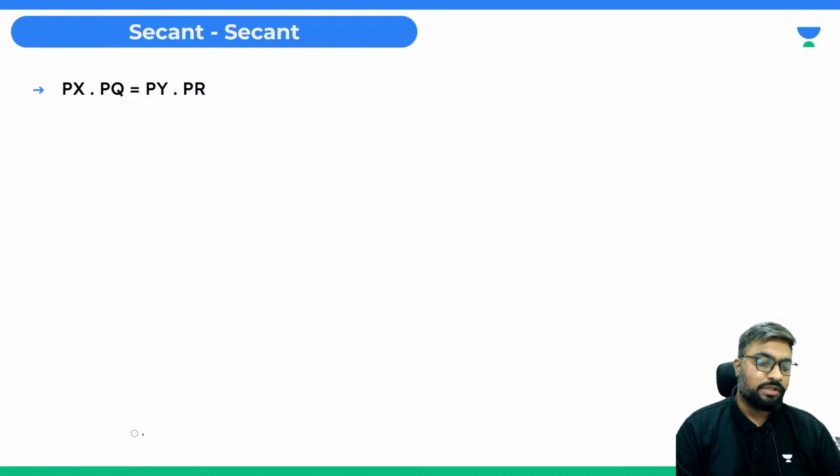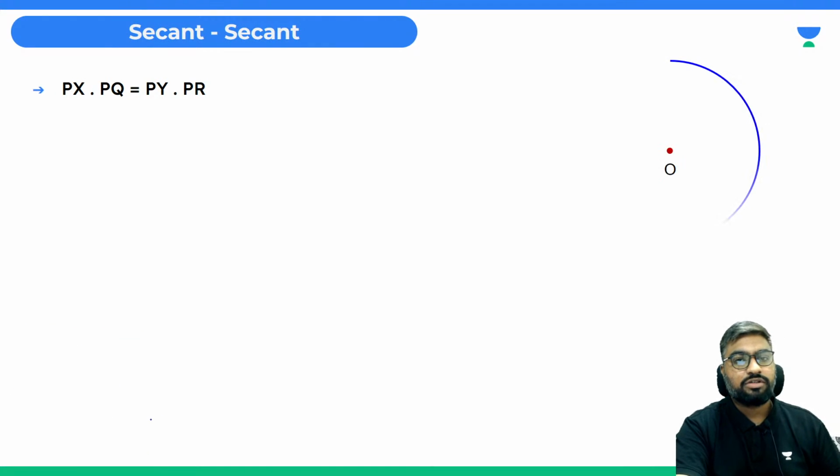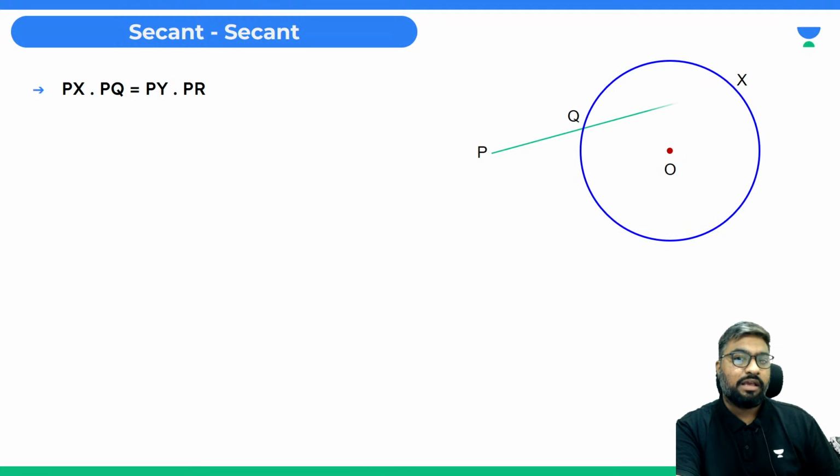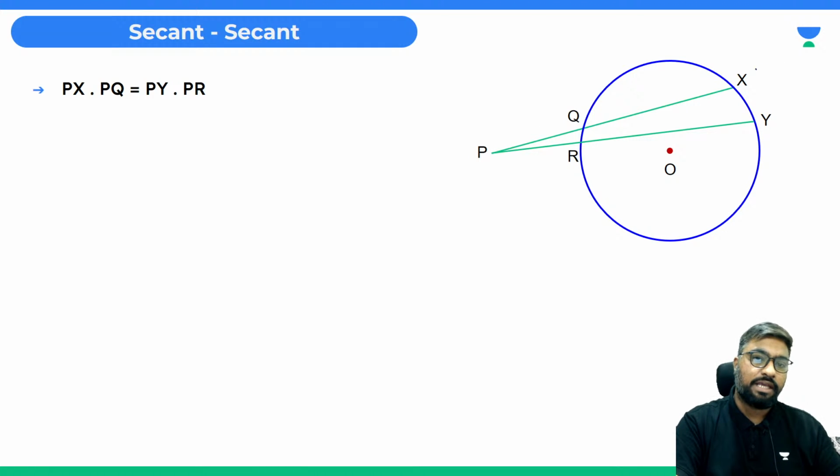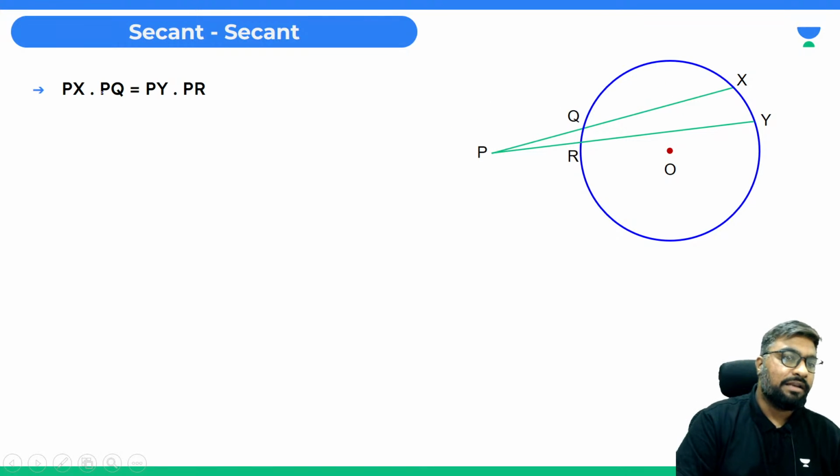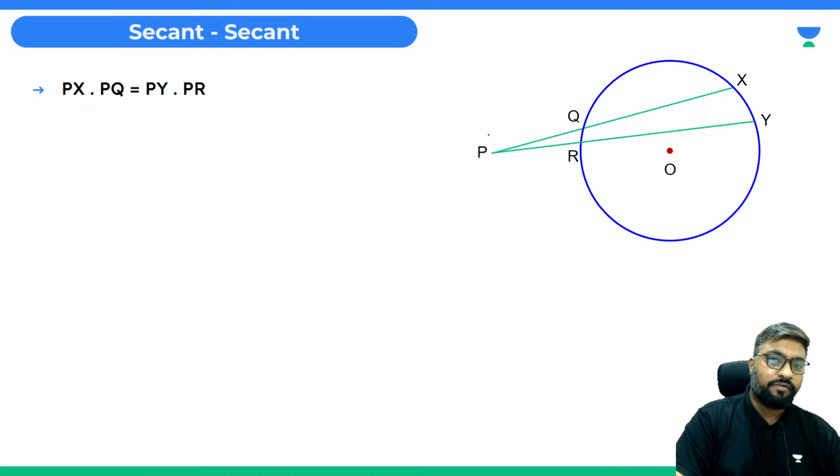Secant property. So there's a circle. If I draw two secants from the same point P, PQX and PRY, then PX, that is this full length, PX into PQ is going to be equal to PY into PR.